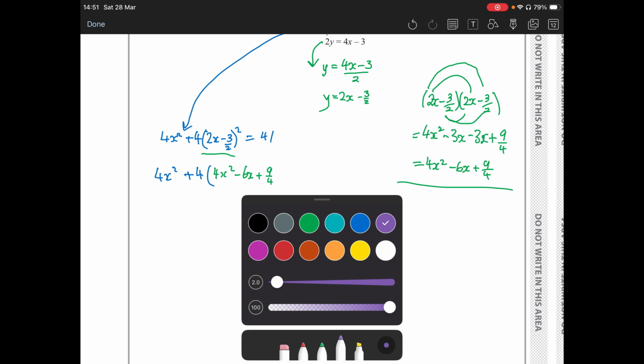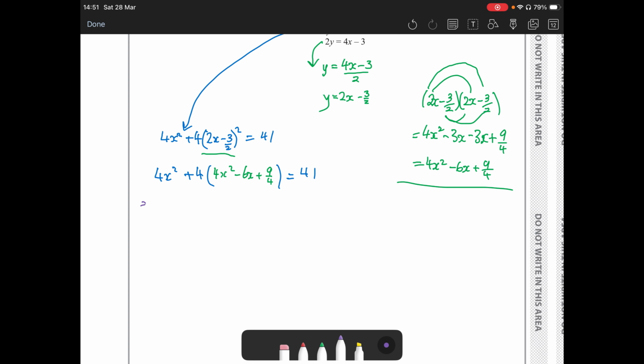I'm going to change to a new color. Let's make it purple. So 4x squared plus 16x squared minus 24x. The 4 and the divided by 4 cancel out nicely, so plus 9 equals 41.